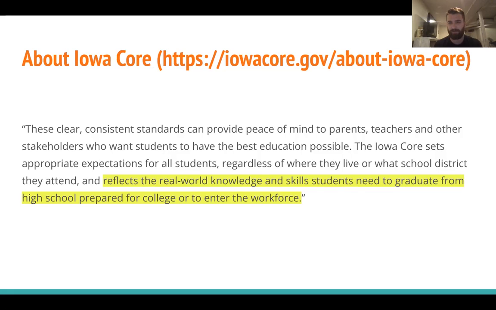And that last part I really wanted to highlight because I think that's really what we all want. We want real-world knowledge. We want to give our students skills that they need to graduate from high school prepared for college or that workforce. I mean, that's really the bottom line of school, right? We want them to be prepared for whatever is next when they graduate, whether it's college or the workforce. We want them to have those skills ready.